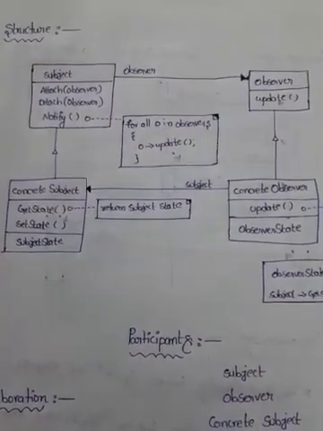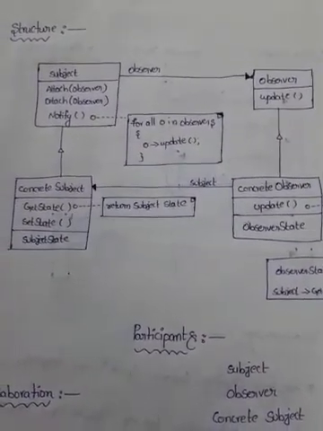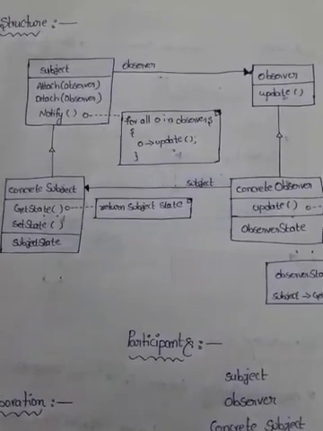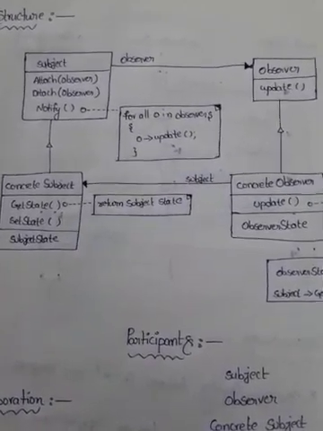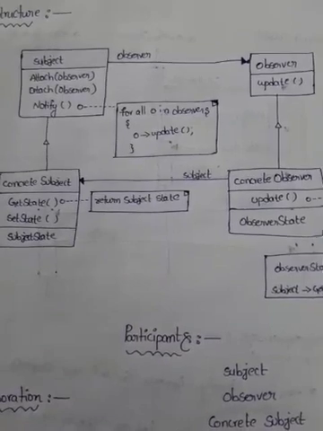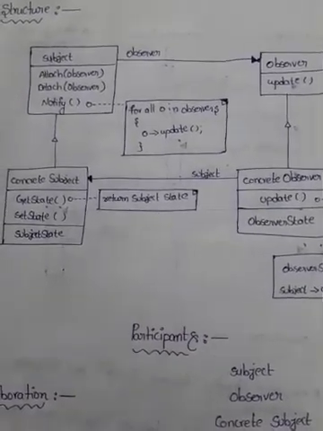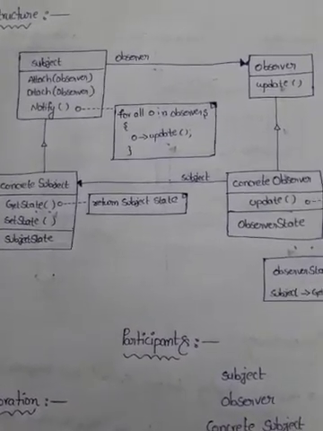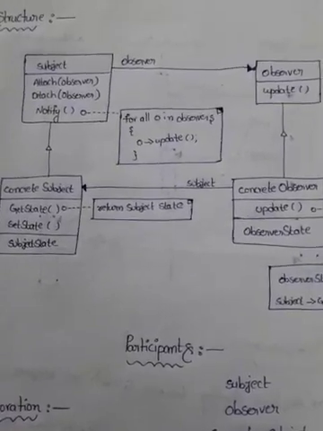Here the subject knows its observers, and any number of observer objects may observe a subject, and it provides an interface for attaching and detaching observer objects. That is the task done by the subject.